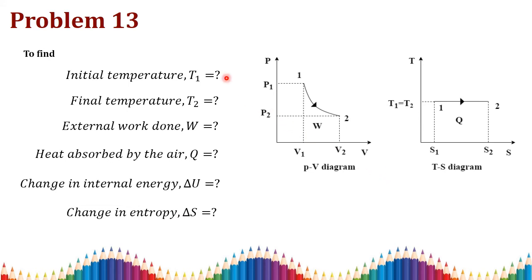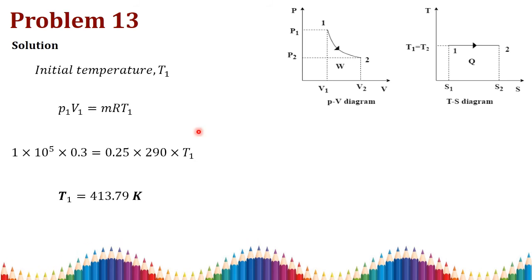These are all the findings we are going to find out: initial temperature T1, final temperature T2, external work done W, heat absorbed by the air Q, change in internal energy delta U, and change in entropy delta S. So first we need to find the initial temperature T1.